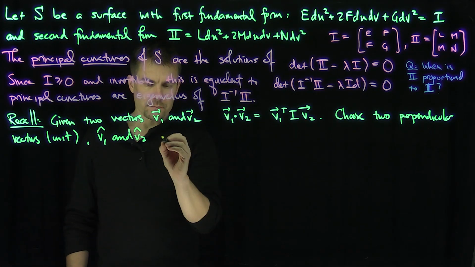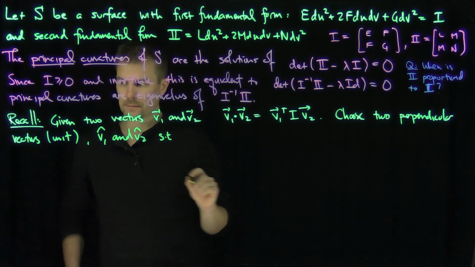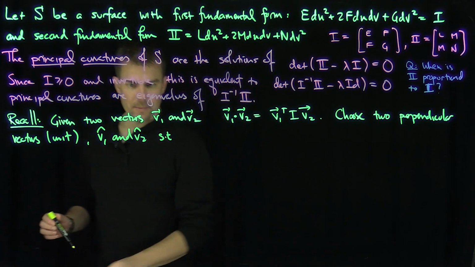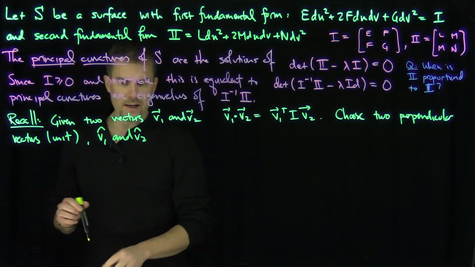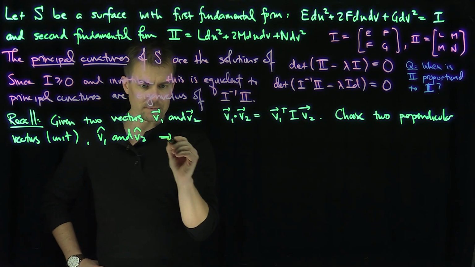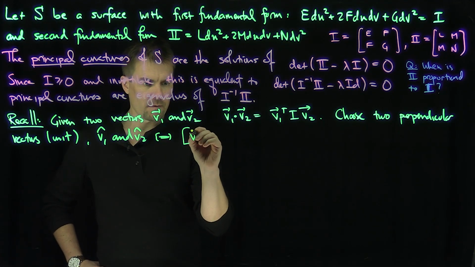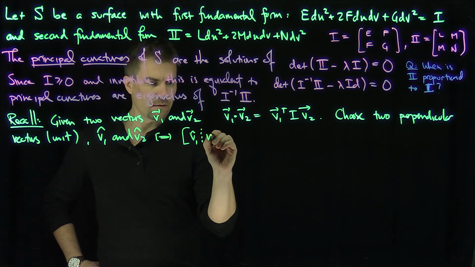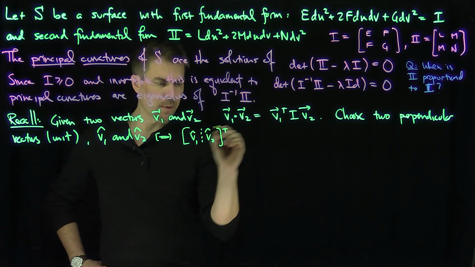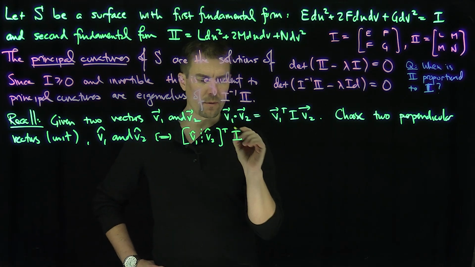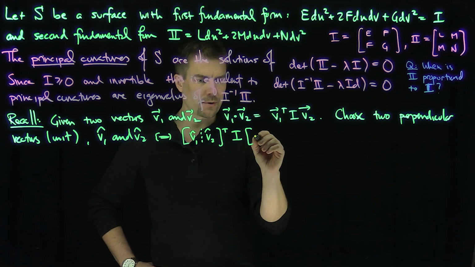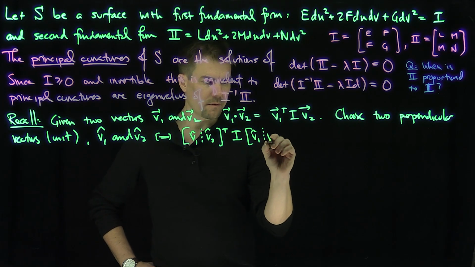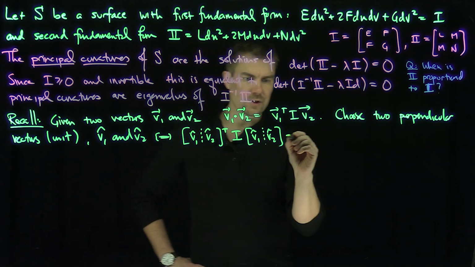If they're perpendicular unit vectors, what does that mean? That means if I form this matrix v1 hat, v2 hat transpose, hit with the first fundamental form matrix, hit with this matrix v1 hat, v2 hat, then this will be just identity.